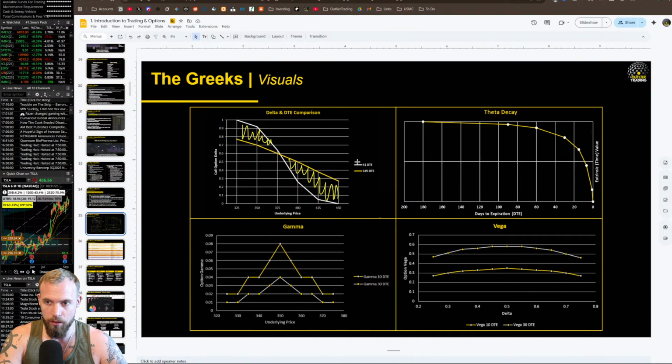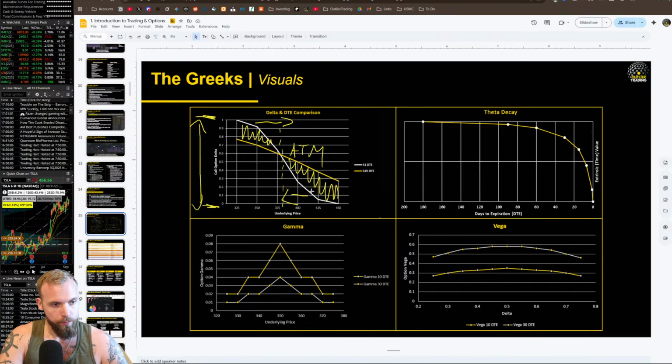What's happening is, as time is passing, your delta is changing. It's literally converging like this. This is your delta. So this is a delta of 1. This is a delta of 0. The at the money strike is right here.